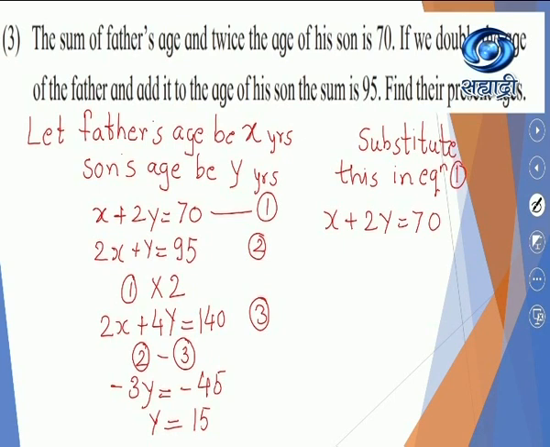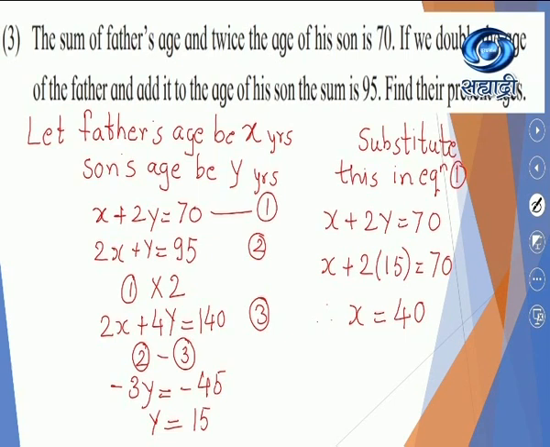This was our equation number 1. We are going to substitute y value over here. So it will be x plus 2 into bracket 15, which is equal to 70, right? So therefore, x value that I get is 40, right? So 40 is the father's age.